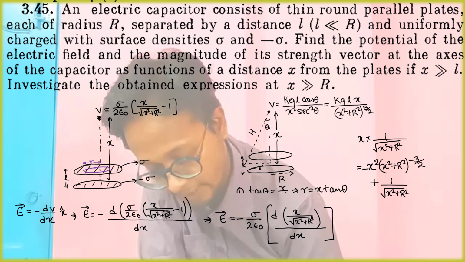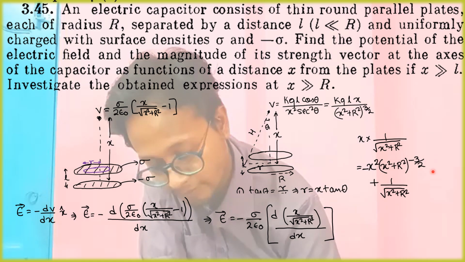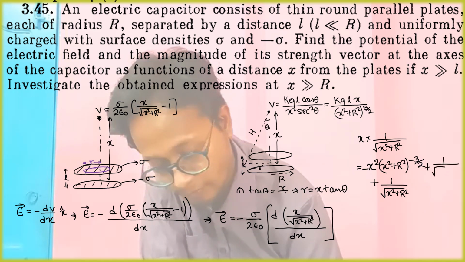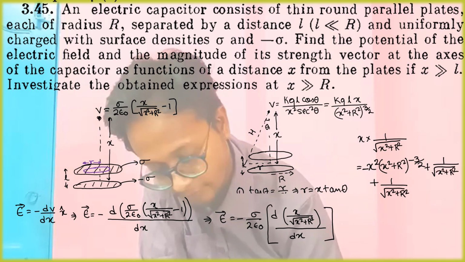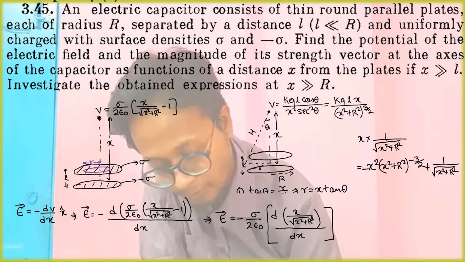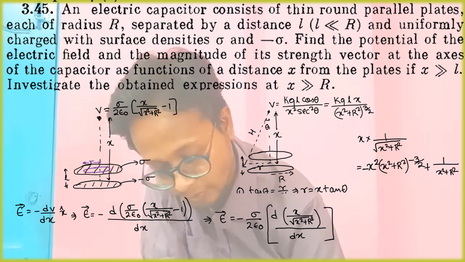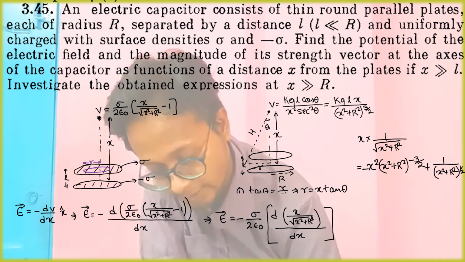And this plus I'm writing here, plus 1 by under root of x square plus r square. Wait and find: the under root of x square plus r square can be written as the power 1 by 2, and this can be written as 1 by x square plus r square to the power 3 by 2.